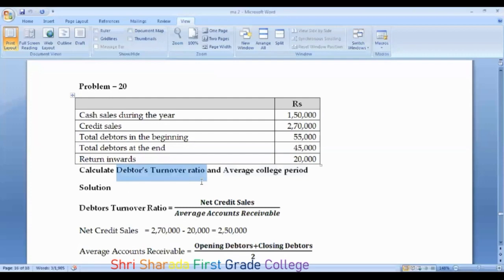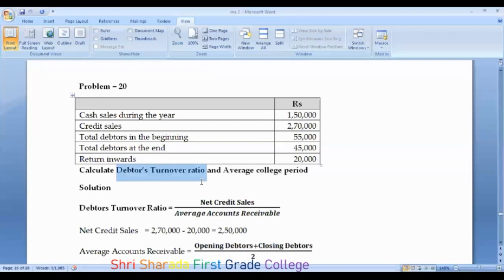Okay. In what duration you will receive collection against certain sales will be computed here. And one more thing that should be remembered is, always in the case of debtors turnover ratio as well as the creditors turnover ratio, you will take into consideration only the credit sales and the credit purchases. Clear?